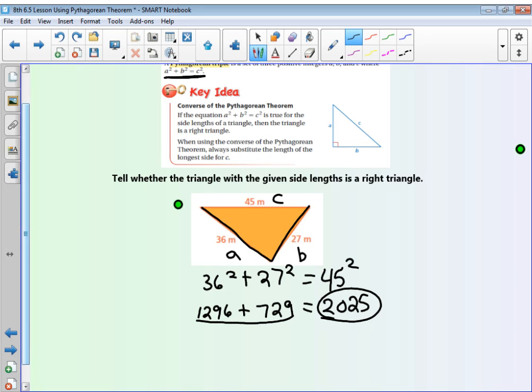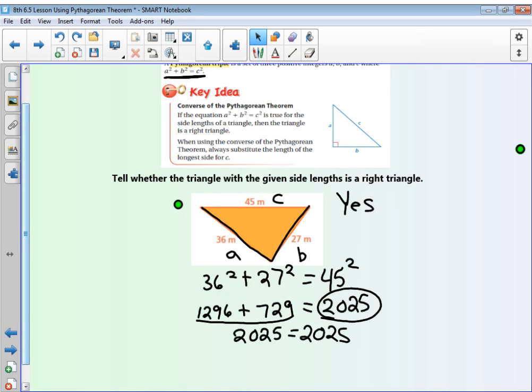If it equals 2,025, then it is a right triangle, and it does. So they are equal to each other, which means that yes, this is a right triangle. When they give us this, in order for it to be a right triangle, because they're no longer going to put that right angle in there, since that's what they're having us check, our sides have to be equal to one another.